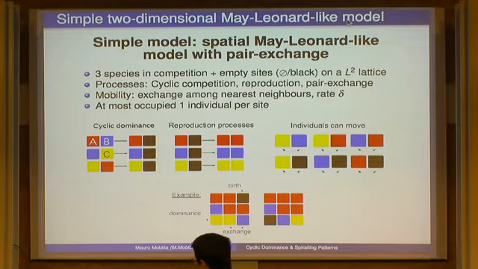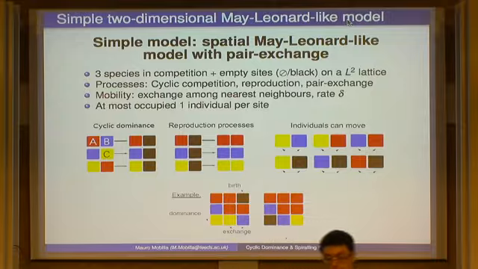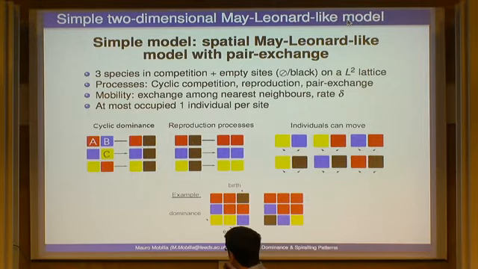So when they interact as nearest neighbors, red displaces blue, which becomes an empty site. Blue displaces yellow, and yellow displaces red. This is the cyclic competition. We also say that all three species can reproduce when there is space nearby.